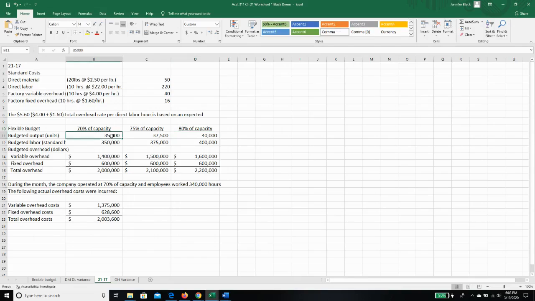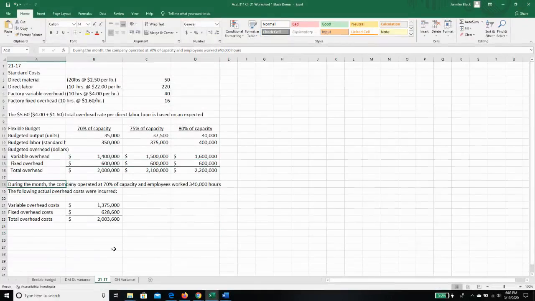So at 70% capacity, we expect that we will produce 35,000 units, that those 35,000 units will require 350,000 hours of labor, and that our variable overhead will be 1.4 million, and our fixed overhead will be 600,000. You notice that in our budget, our fixed overhead is always the same because our fixed costs don't change based on the level of production.